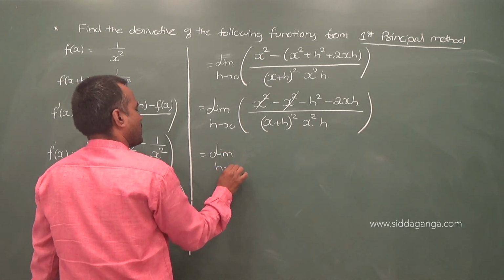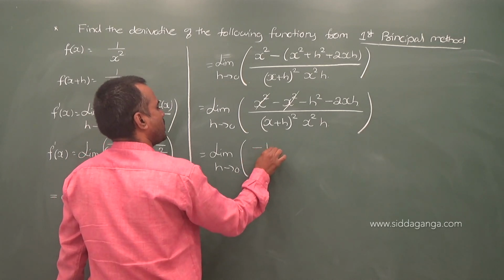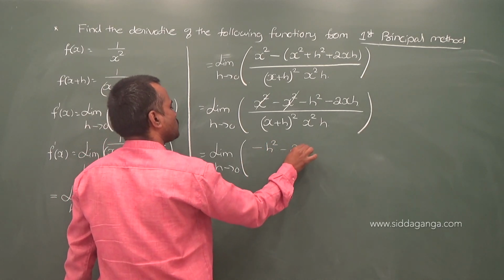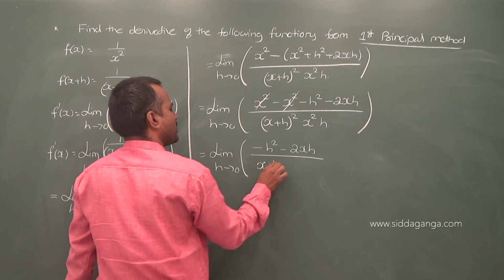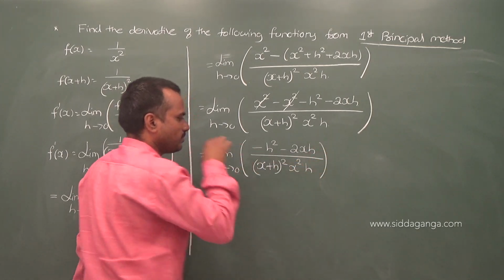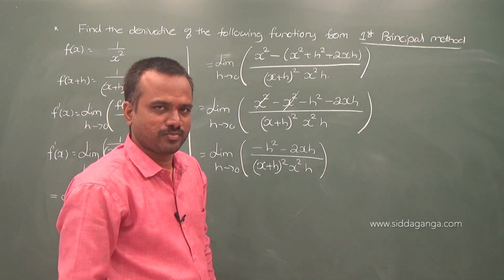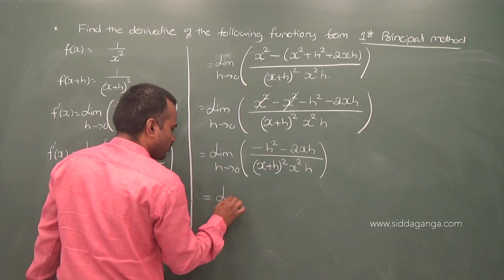Limit h tends to 0, minus h square minus 2xh whole divided by x plus h whole square into x square into h. What do we do? We take h common.